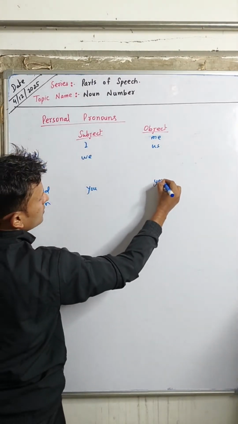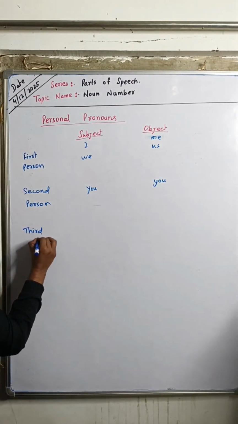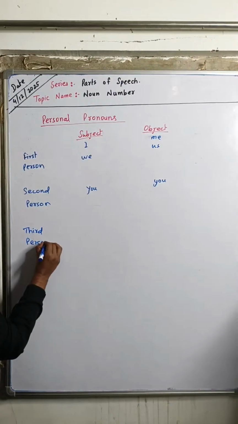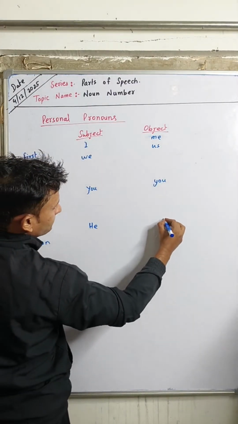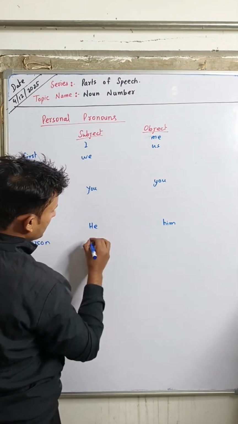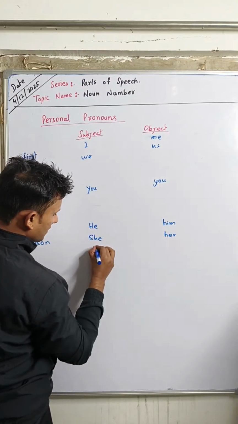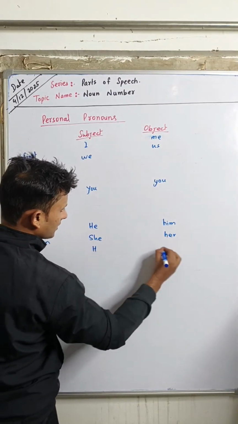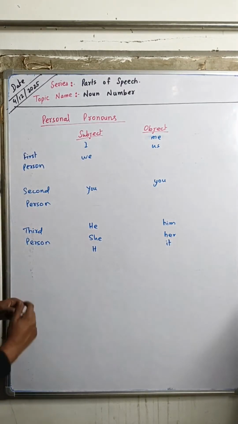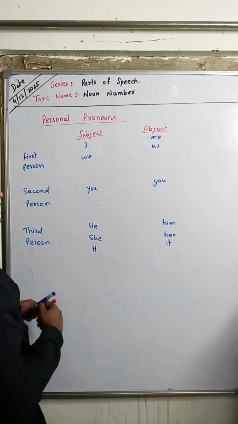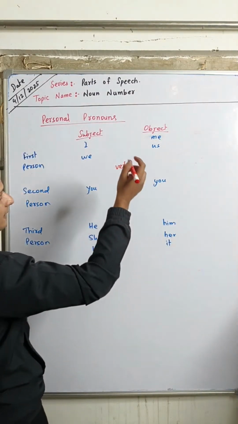You, you. He, him, she, her, it, it. You know, these objects are always written after the verb, I mean, at the end of the sentence.